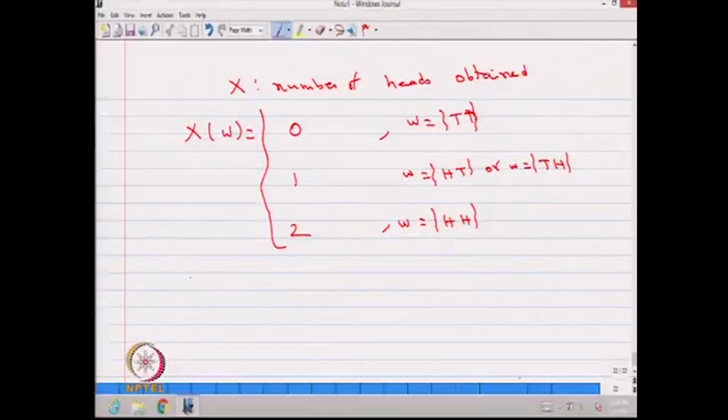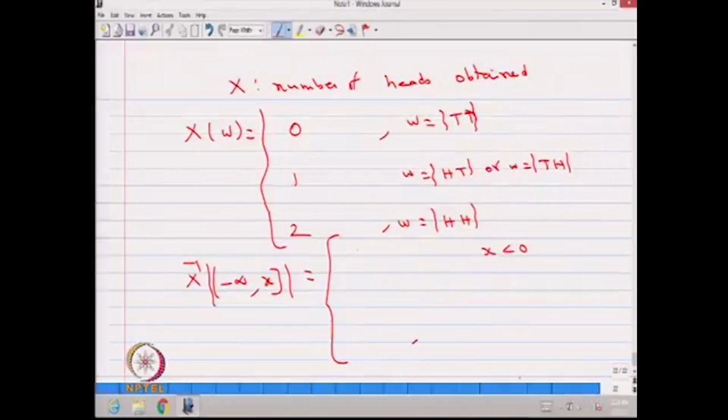So if you go for finding X inverse of minus infinity to x, since the possible values are 0, 1 and 2, when x is less than 0, you do not have any possible outcomes, therefore it is an empty set. When x takes a value from 0 to 1 excluding 1, the X inverse of minus infinity to x becomes tail tail.